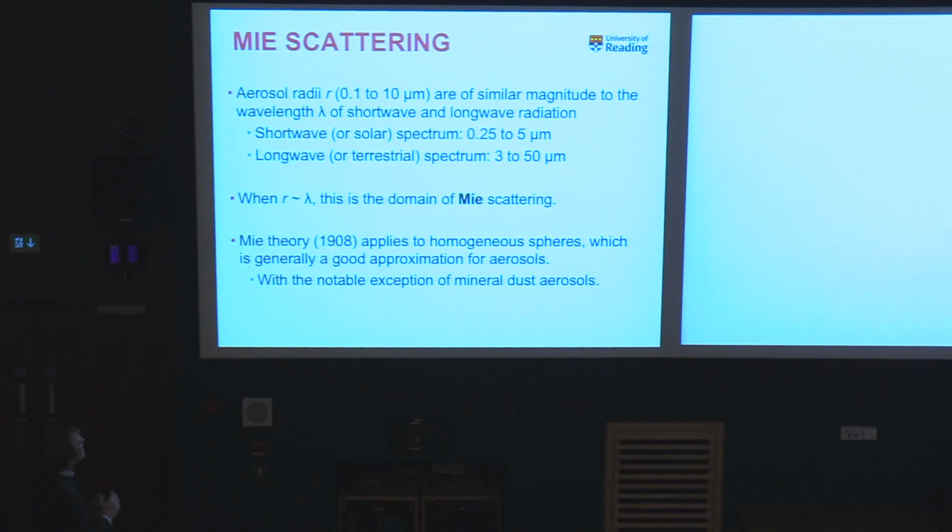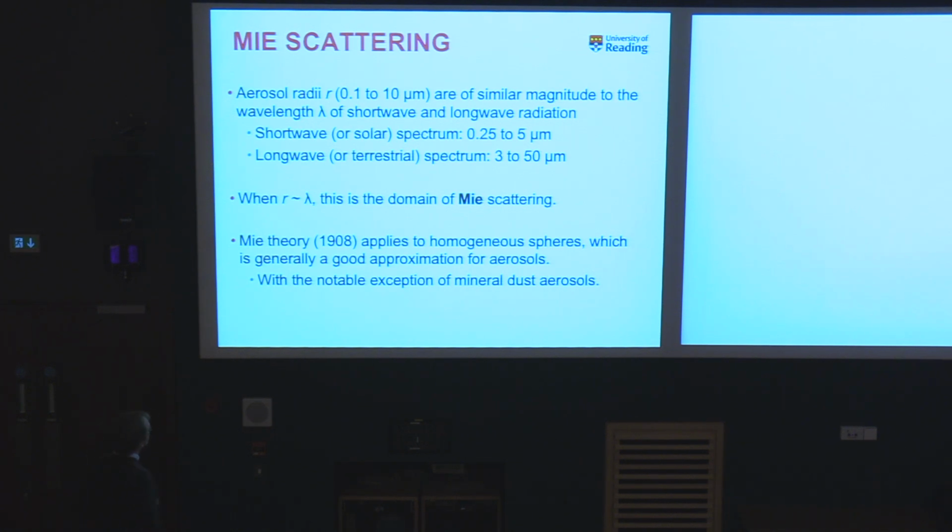And for most aerosols, that means essentially that they will interact with shortwave or sunlight radiation. The larger aerosols can also interact quite well with terrestrial radiation, so in the longwave.